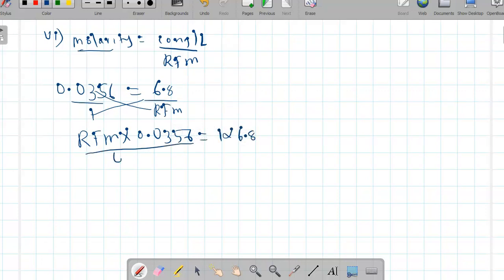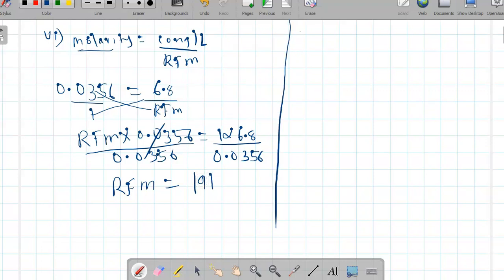Then both sides we divide by 0.0356, so this one and this one cancel. Therefore, RFM is equal to 6.8 times 1 divided by 0.0356. Then we get 191.